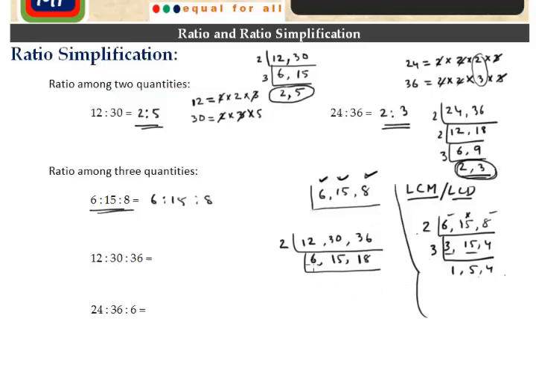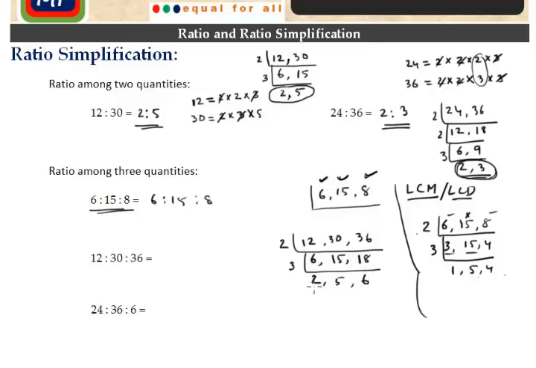Here the first and last got 2, and during LCM or LCD we could take 2 common, but 15 does not have a factor 2, so we can't take 2 common. So what is common? 3, because 3 is present as a factor in 6, 15 and 18. If we divide 6 by 3 we will get 2, 15 by 3 we will get 5, and 18 by 3 we will get 6.